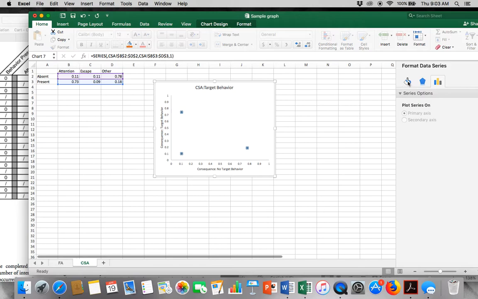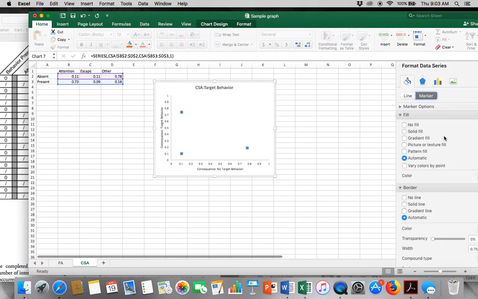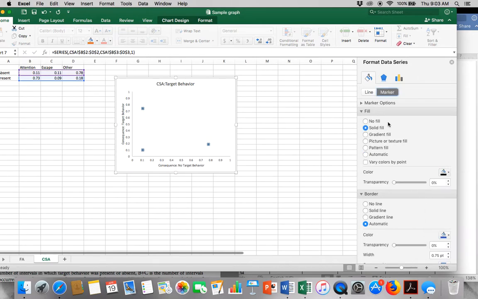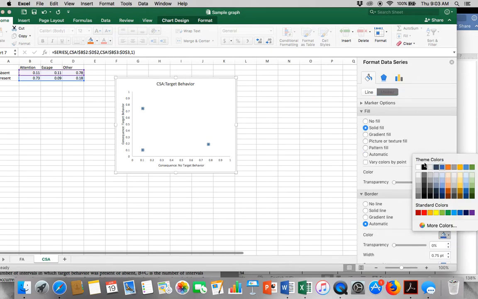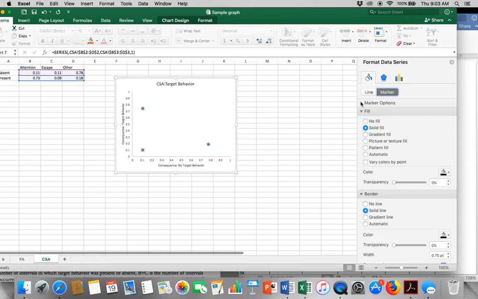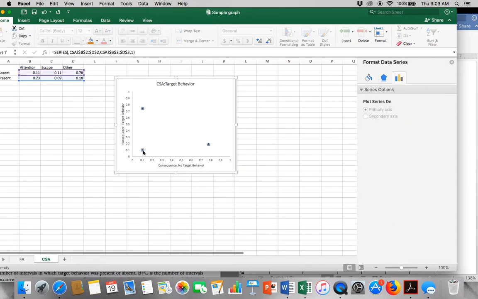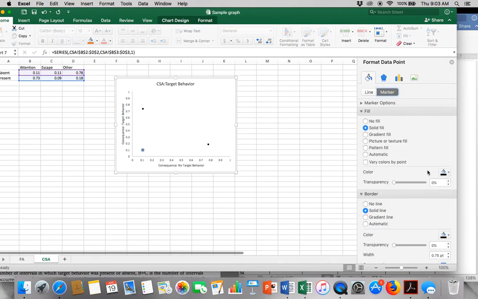We're going to take this one, change the color to black, the border to black, and we'll keep this one a circle. Make sure that we're only selecting one data point at a time, because otherwise it will change all of them. I had all three selected, so all three of them changed, which is good anyway, because we need to change them all to black.